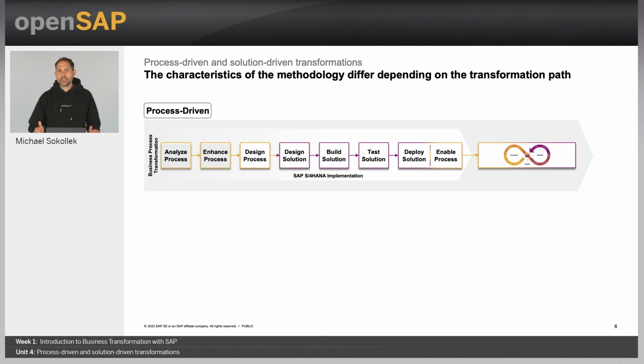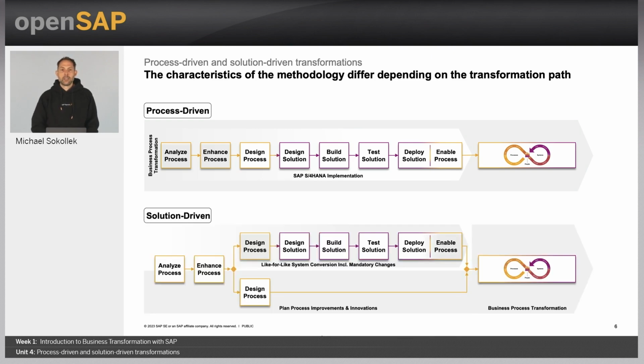If you are a net new customer, the results will be of little value, as you will straight away start with the design of your to-be processes. In a solution-driven transformation, the analysis of the current processes is the foundation to add value to the transformation, potentially even to enhance processes prior to the move to SAP S/4HANA to realize value immediately.